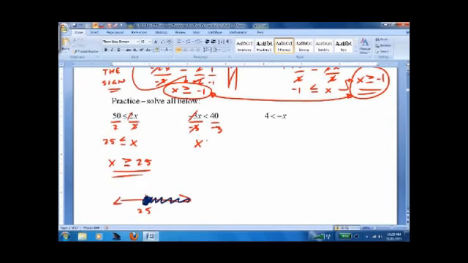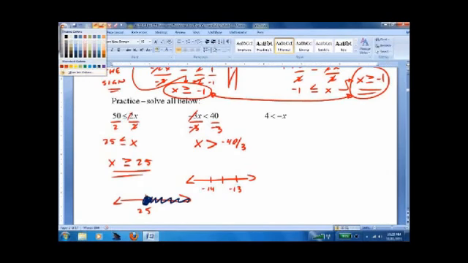Flip the sign. Flip the inequality. Negative 40 over 3. That's about negative 13. It's about there, I would say. It's not equal to, so I don't fill it in.